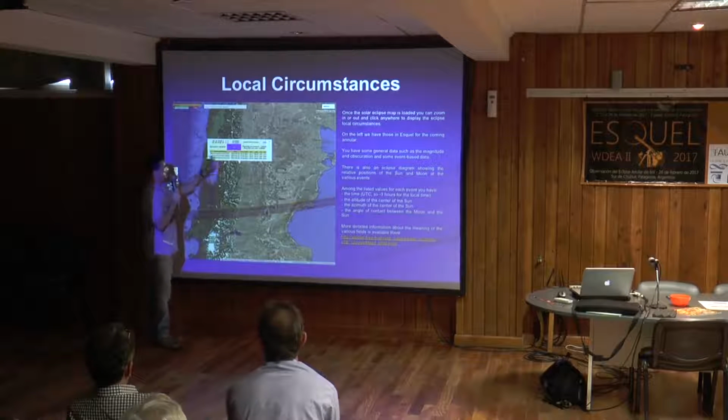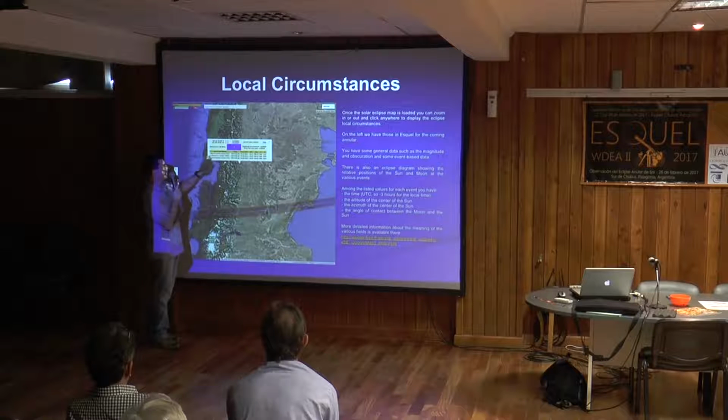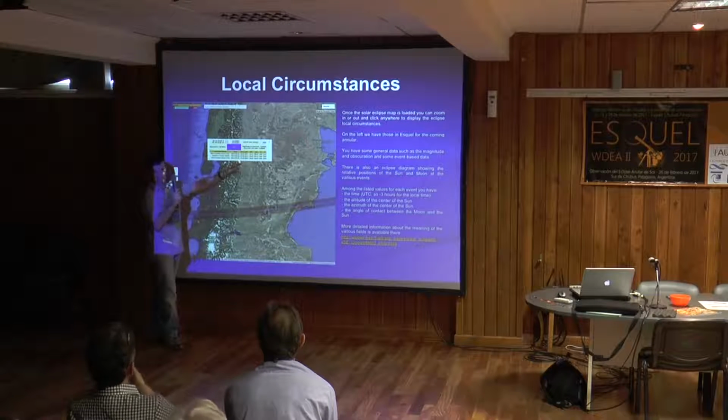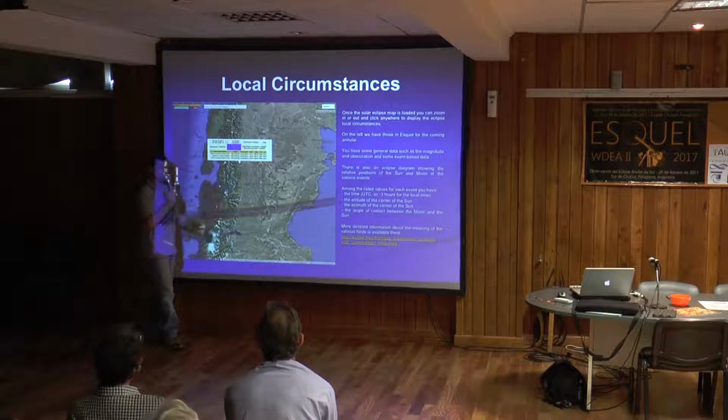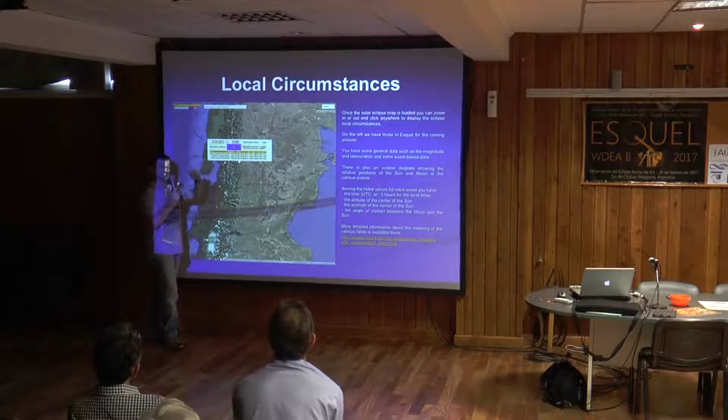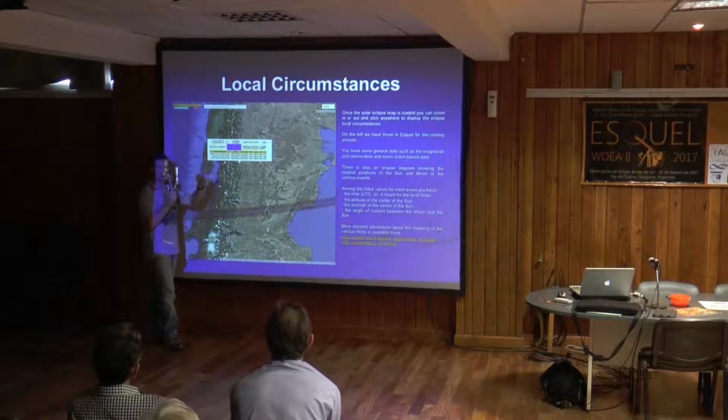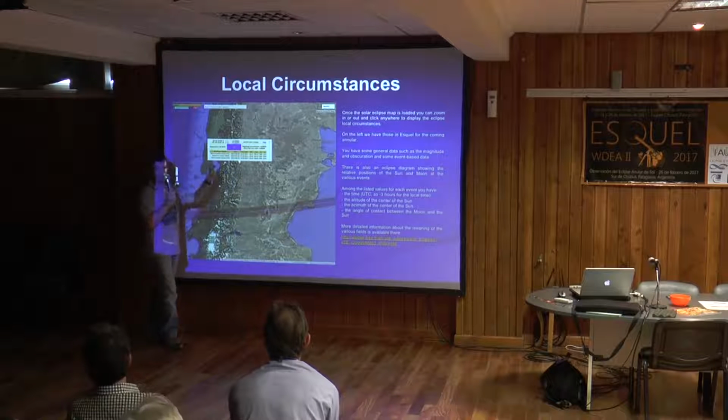So I just won't speak much about what's available in the circumstances, because it's very easy. You have the elevation, so the altitude of the sun. Its azimuth is always counted from the north. So east is 90 degrees, south 180, and 270 for west.